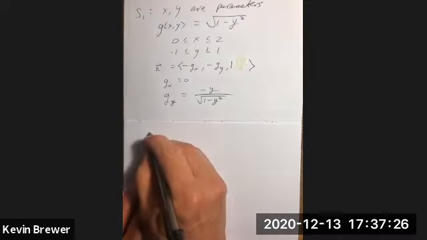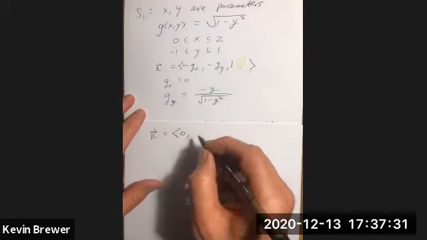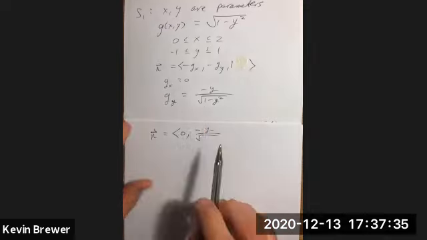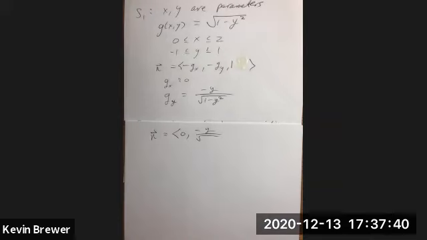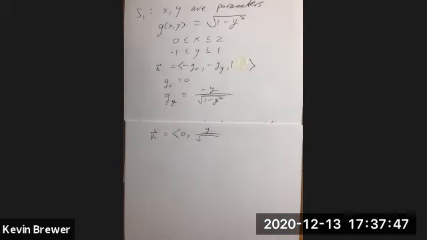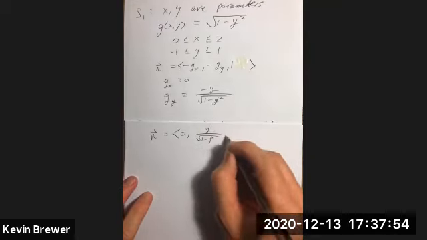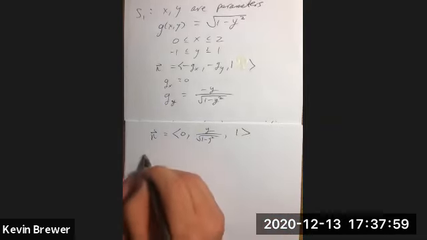So then n is 0, minus y over the square root. Let's see. Sorry. No, we don't want the minus because I want minus g sub y. G sub y already has the minus sign in it. So y over square root of 1 minus y squared. And then 1. And I haven't stated F yet.